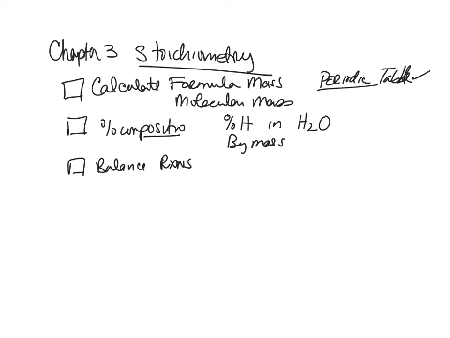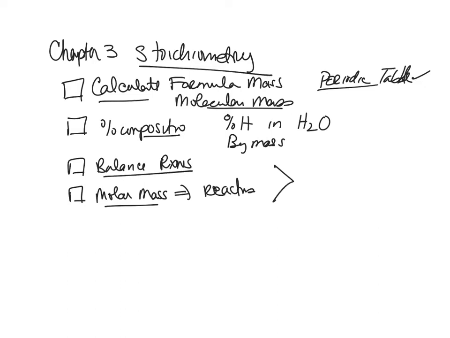And we'll use molar mass in reactions. So you'll calculate molar mass, which is pretty much the same thing as calculating formula mass, but you'll use molar mass in reactions and also the balanced reactions to calculate quantity, maybe like grams of starting materials or moles, or product.